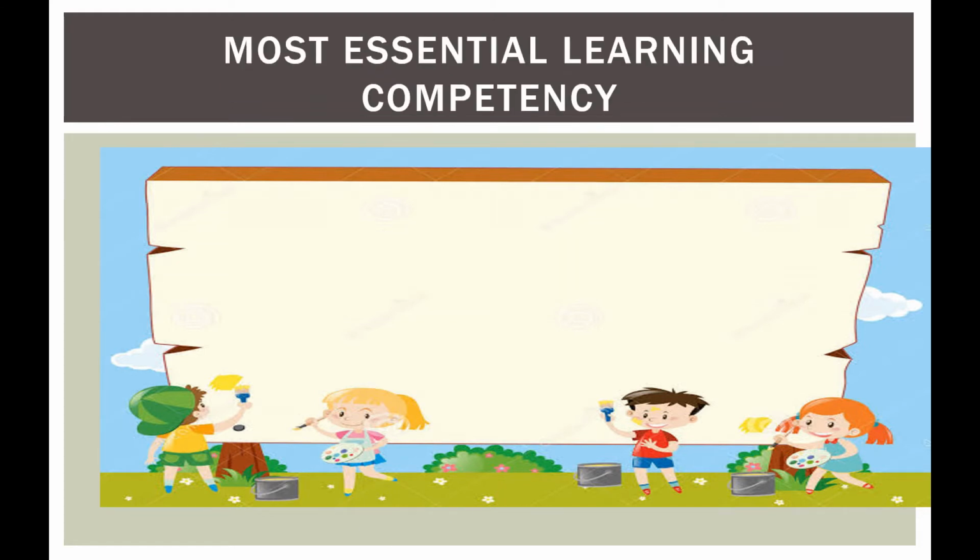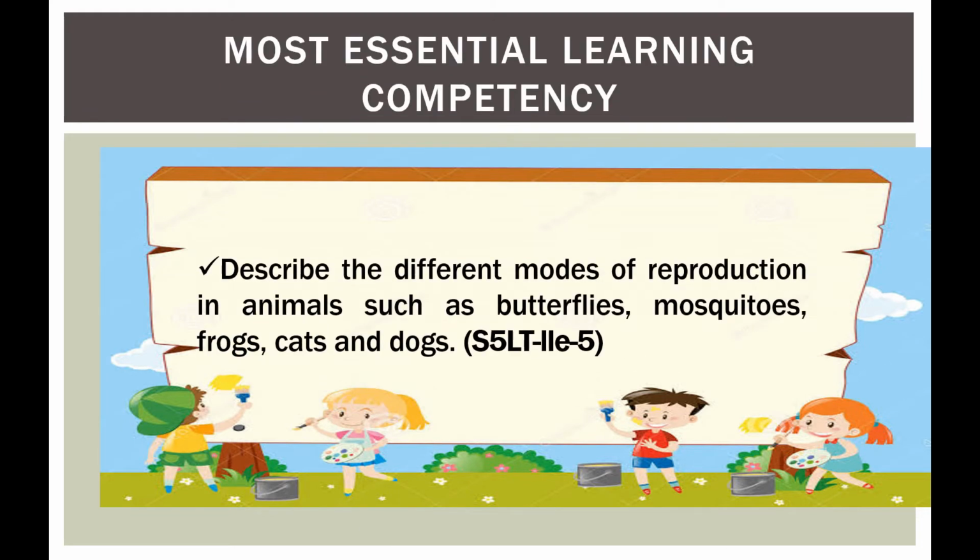In this video lesson, we will focus on the given learning competency, which focuses on describing the different modes of reproduction in animals such as butterflies, mosquitoes, frogs, cats, and dogs.